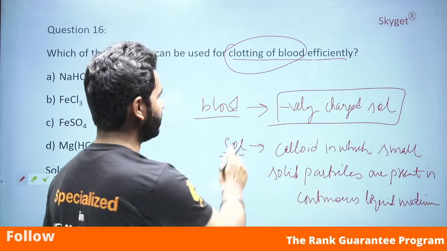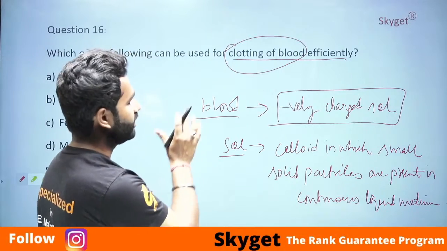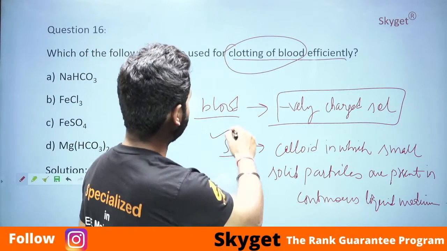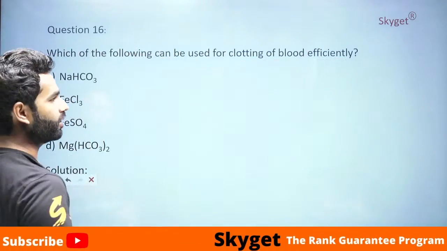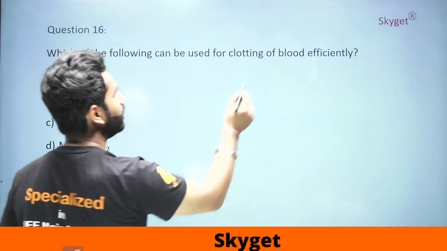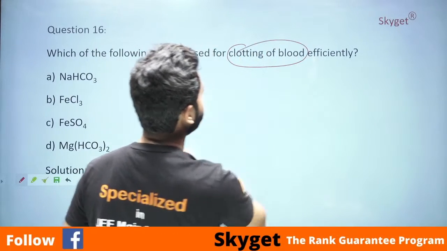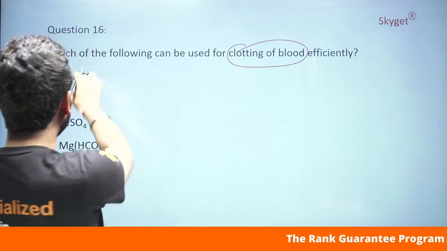So this is the sol definition. Now we know that blood is a negatively charged sol. The question is clotting of blood. Which compound will do it effectively?